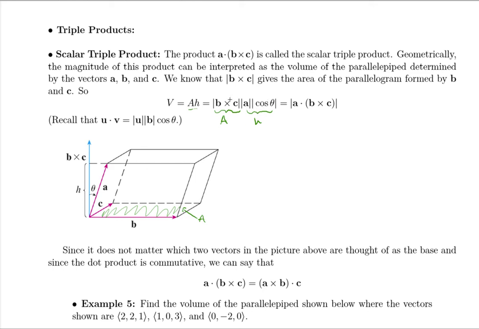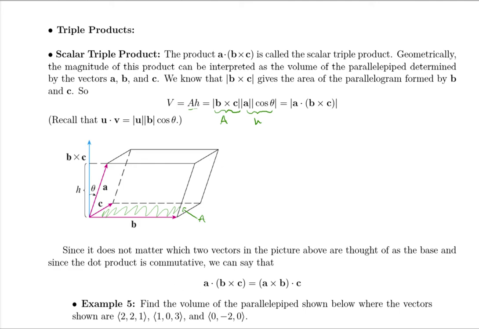And if you have the magnitude of a vector times the magnitude of another vector times the cosine of the angle between them, then what you're going to get is the magnitude of the dot product of those 2 vectors. The reason we have magnitude here, by the way, is because when you do a dot product, sometimes it can be negative. Well, this cosine's also in absolute values, so this is always going to be a positive quantity. All right, so that's called the scalar triple product.